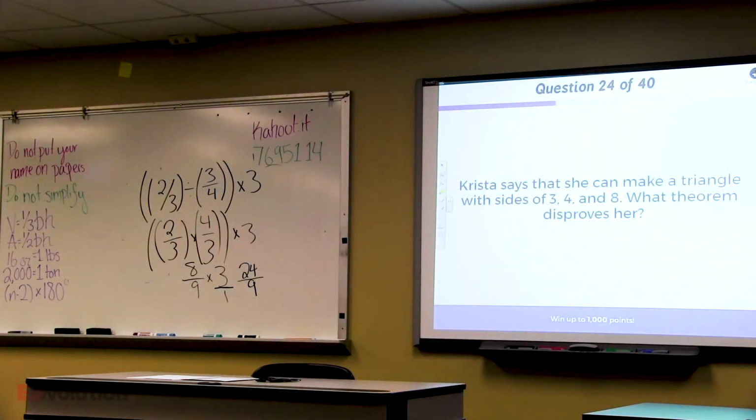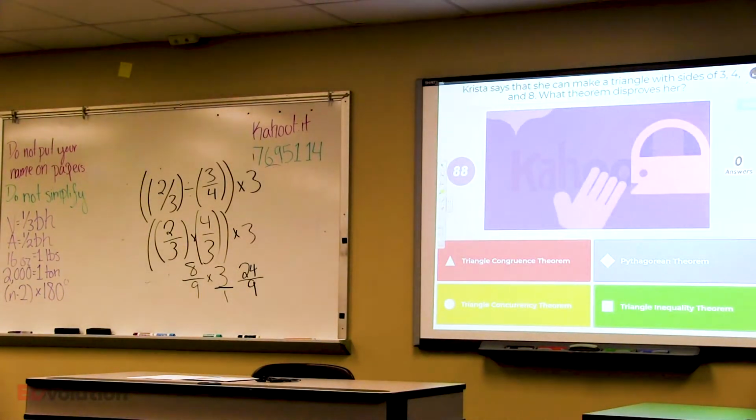Krista says that she can make a triangle with sides of 3, 4, and 8. What theorem disproves her?